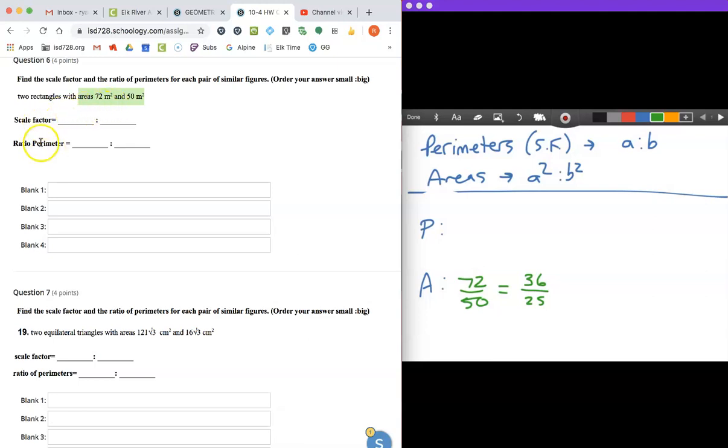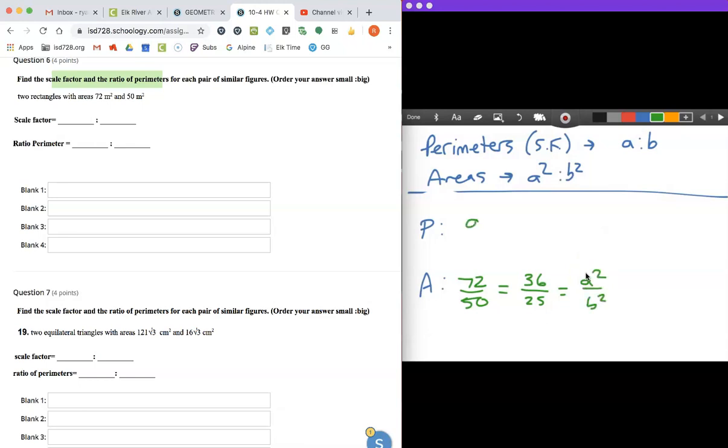They want scale factor and perimeter. These are actually the same thing, so these blanks will be the same as these blanks. I just need to figure out, well, 36 to 25, that's A squared to B squared.